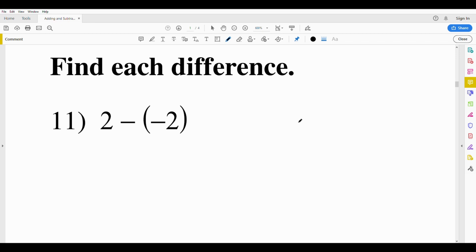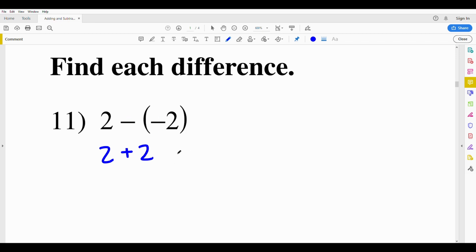Now think about the above examples. When we added a negative, that was the same as subtracting a positive. And when we subtract a negative, that's going to be the same as adding a positive. So 2 minus a negative 2 becomes 2 plus a positive 2.